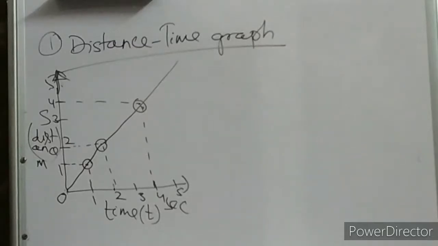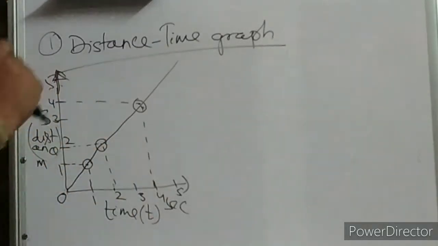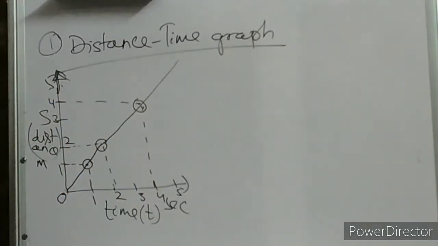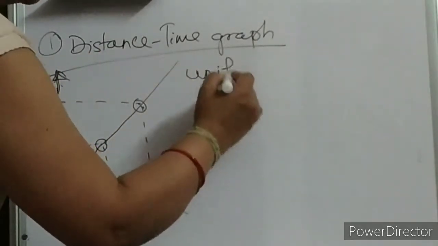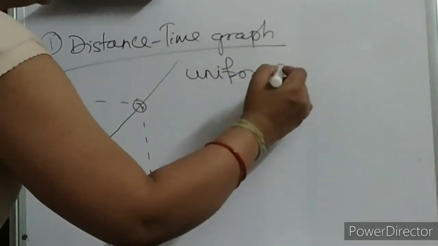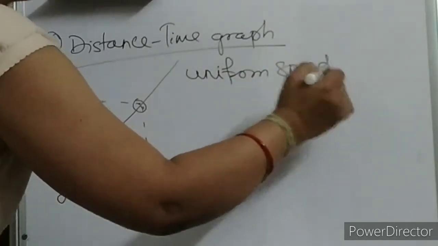Is it clear? Equal distances in equal intervals of time means I am talking about uniform speed, children, or you can say uniform velocity.